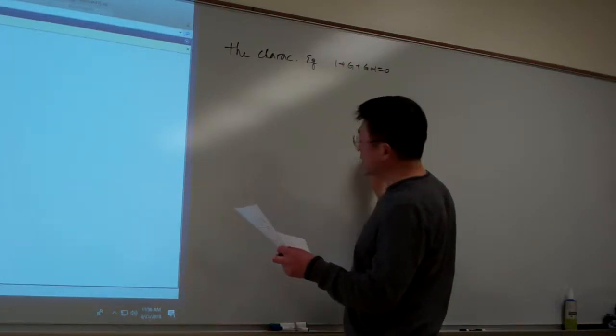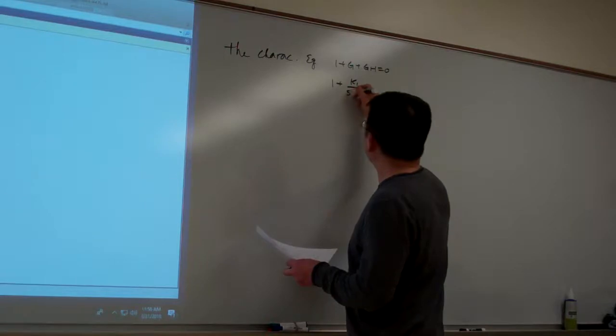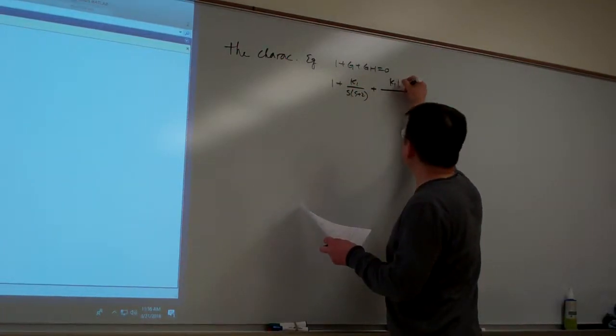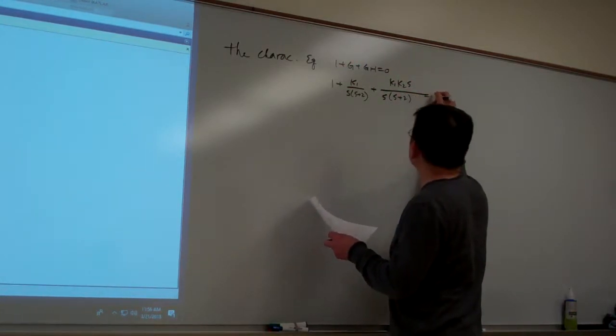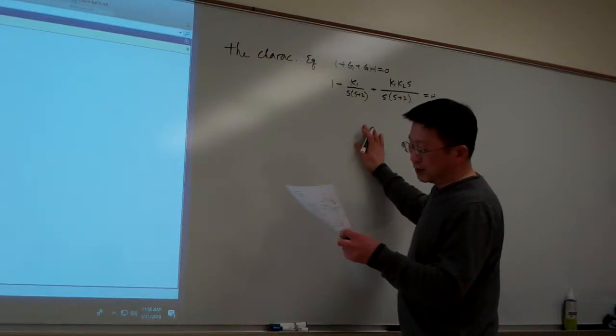Then we plug in the numbers there. So 1 plus K1 over s plus 2 plus K1 K2 over s plus 2 equal to 0. Okay. So here we can do the things.